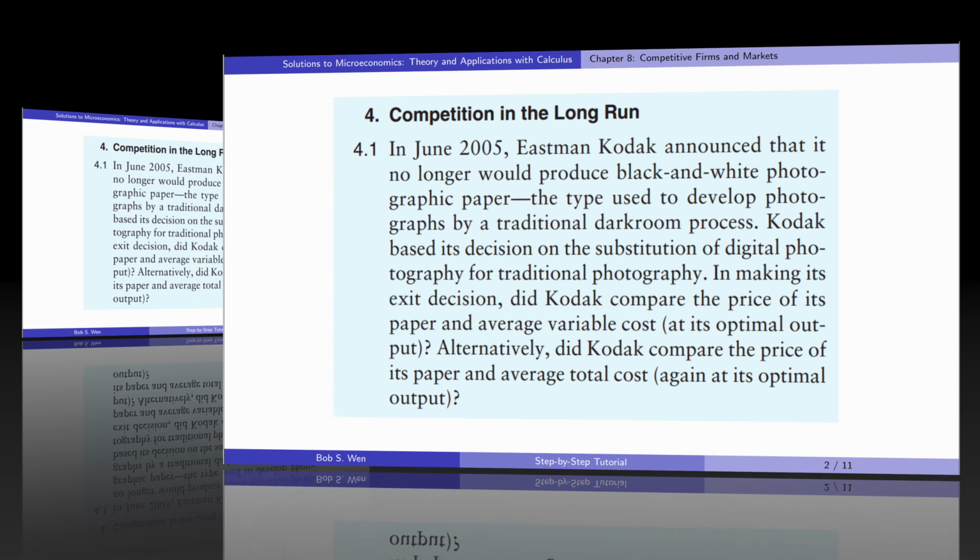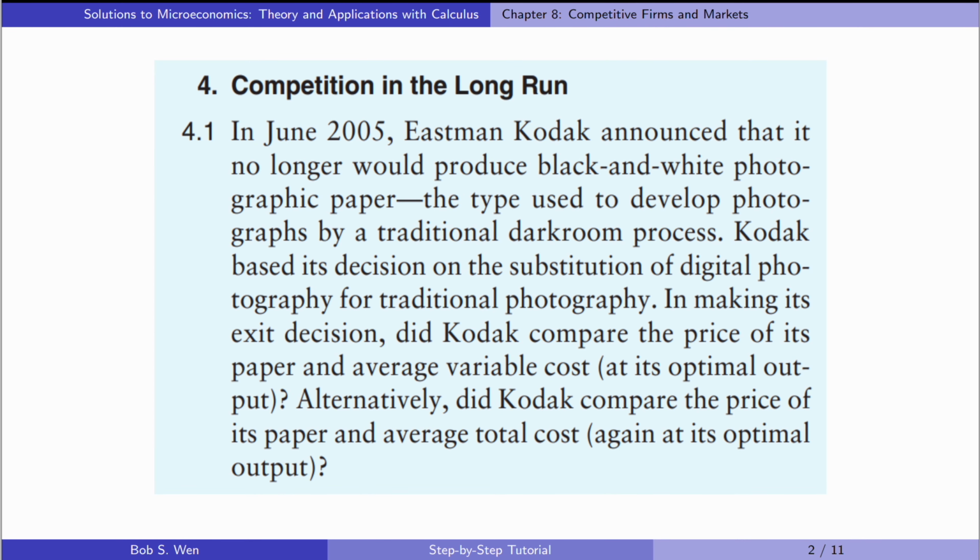Let's solve exercise 4.1. In June 2005, Kodak announced that it no longer would produce black and white photographic paper, the type used to develop photographs by a traditional darkroom process.